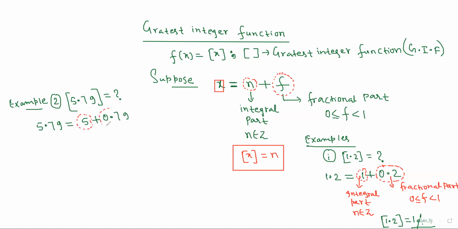What about 0.79? 0.79 is the fractional part. The fractional part should lie between 0 and 1.